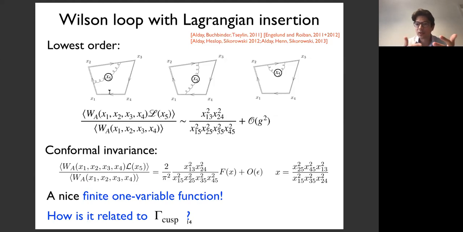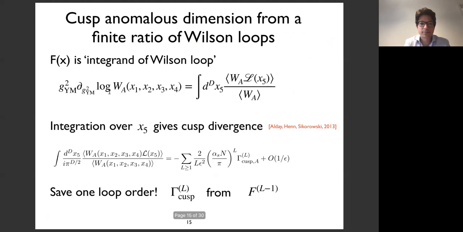And the Wilson loop in turn knows about the cusp anomalous dimension. So in formulas, when we take the derivative of the log of a Wilson loop, what we get is an integral over the Wilson loop with a Lagrangian insertion. And that's really the quantity we've just been looking at. So that's the quantity f basically from the previous slide.